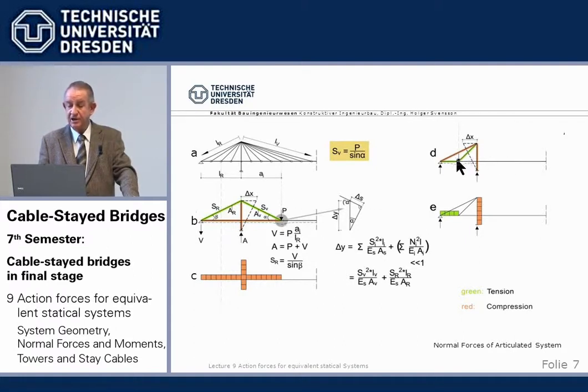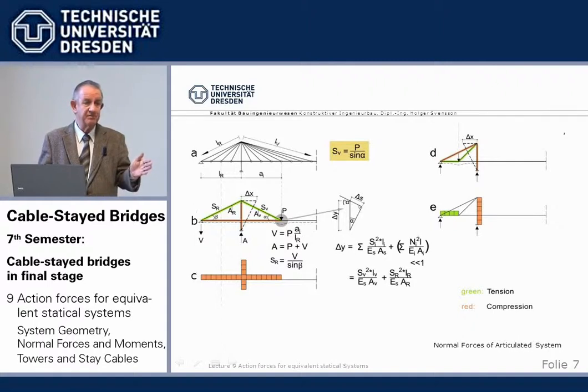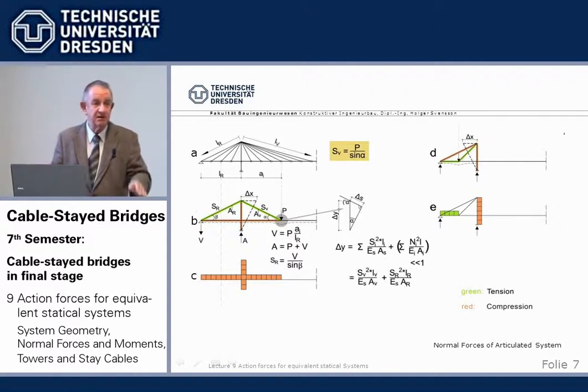If we have a load in the side span, as I took pains to explain to you, same formulas, however, we get tension up here and we get the compression down here. So that's all we need to calculate all cable forces and compression forces in the beam and normal force in the tower. Simple, isn't it? You can't make it simpler.